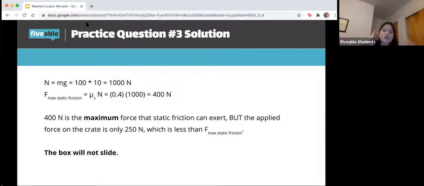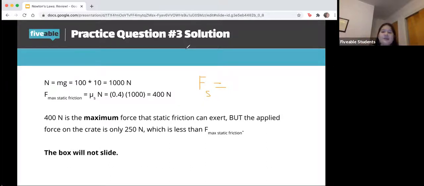In this case, we only care about the maximum. Usually when we talk about F static, we're talking about the maximum, because that is essentially what static friction is.